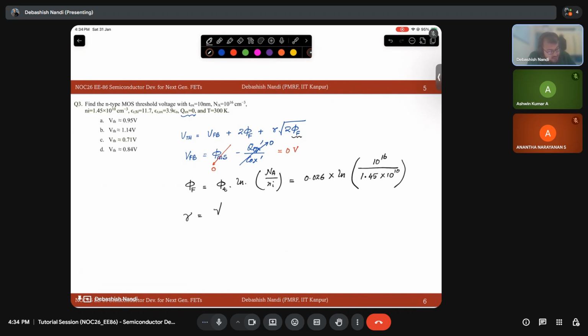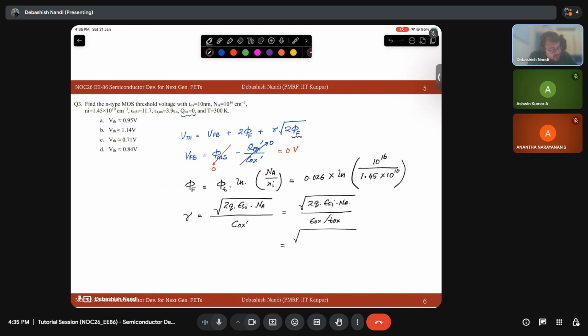What is gamma? Gamma is expressed as square root of 2q epsilon Si times Na, divided by Cox dash, that is epsilon oxide divided by Tox.